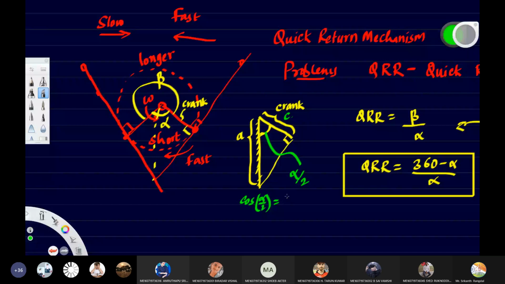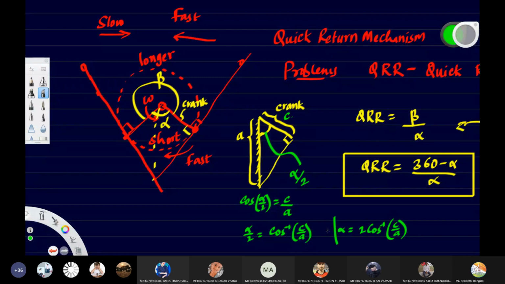So adjacent length is C and hypotenuse is A. Okay. So cos of alpha by 2 equals C by A, and alpha will be equal to 2 times cos inverse of C by A.